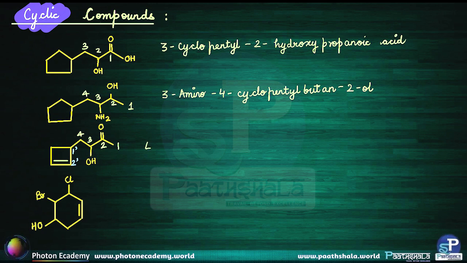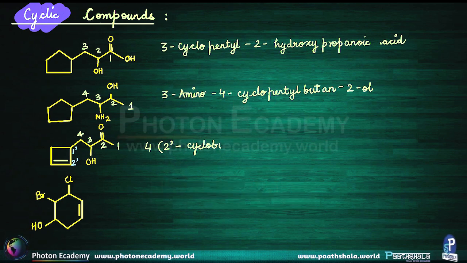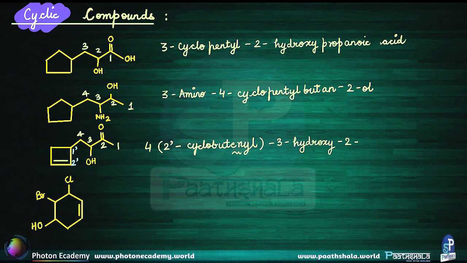At 4 we have this 2-yl, and at 2 we have the double bond, so we call this cyclobutenyl. Notice this en comes from the double bond. At 3 we have hydroxy, and then at 2 we have the double bond O, so butanone. This is how we name this particular ring.